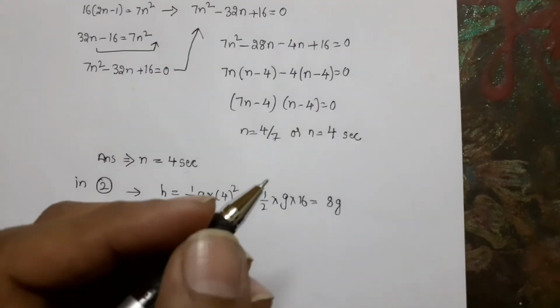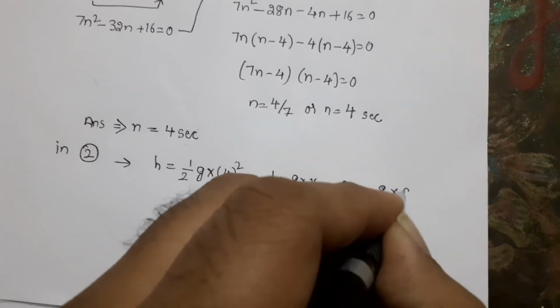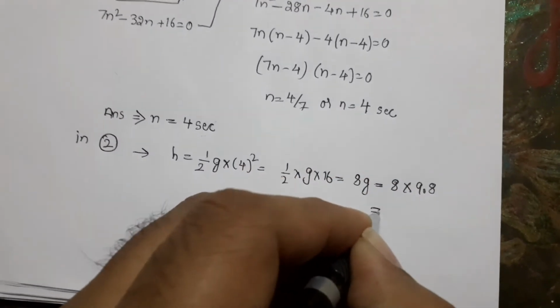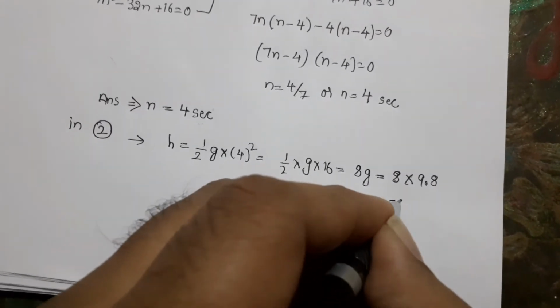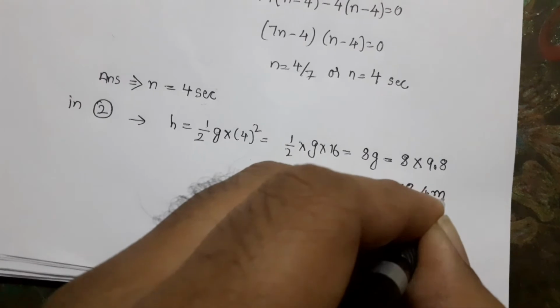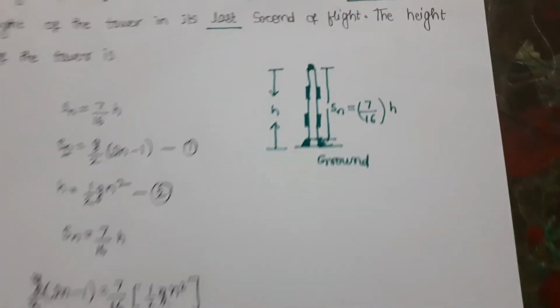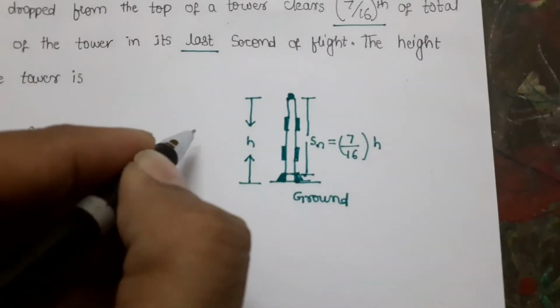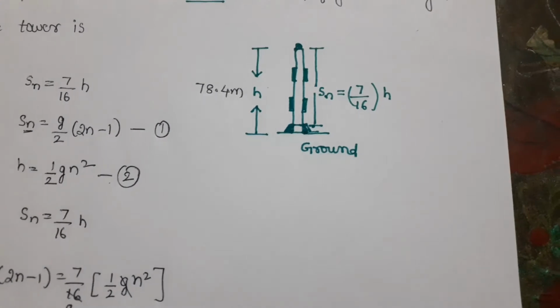If g is 9.8, it is 8 into 9.8, which will be equal to 78.4 meters. Okay. So the total height is 78.4 meters.